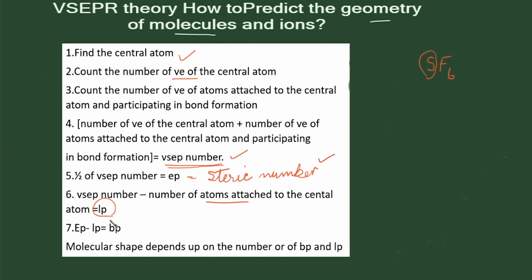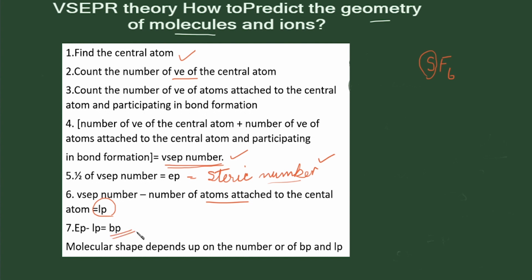So we have calculated lone pairs here. Then how do we get bond pairs? Number of atoms attached to the central atom is equal to the number of bond pairs. We can also calculate it as EP minus LP, that is electron pairs, that is steric number, minus the lone pairs. That gives the number of bond pairs.